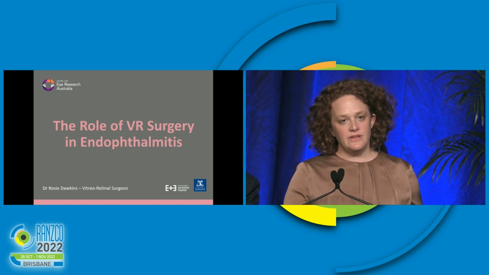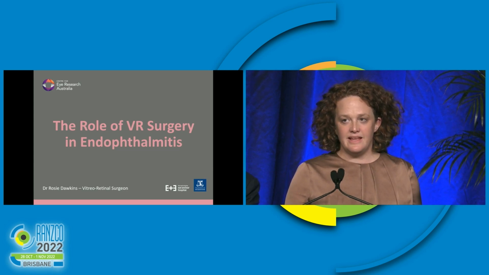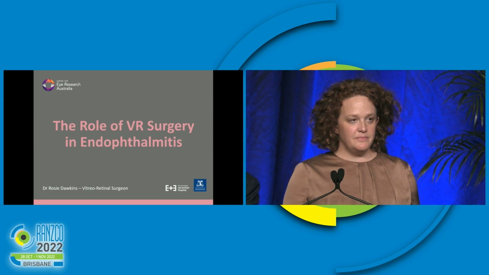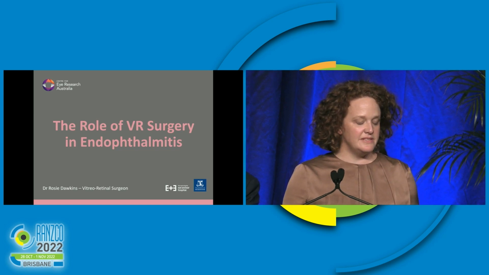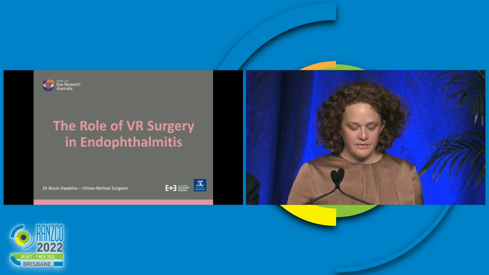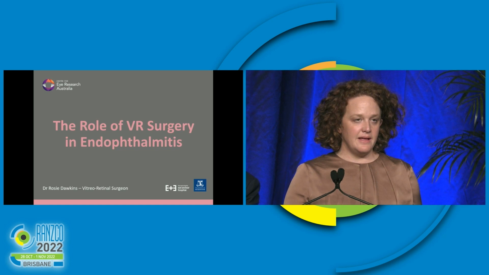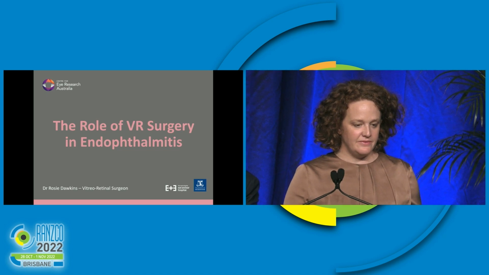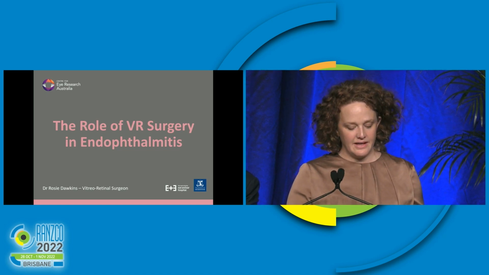And I would kind of turn that around a little bit, and I would urge everyone that if the patient does have PL vision or even kind of hand movements, low vision, I wouldn't sit on that patient. What we found was that the visual recovery for patients who had early vitrectomy was greater than the patients who didn't have early vitrectomy, even though they started from a lower base.